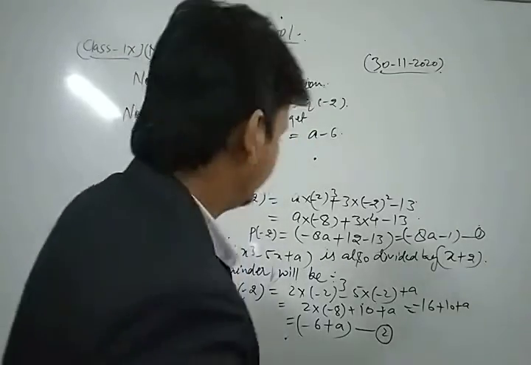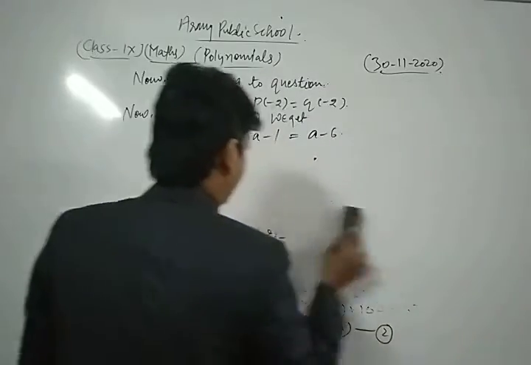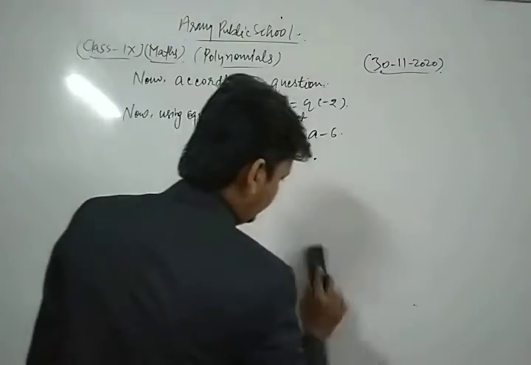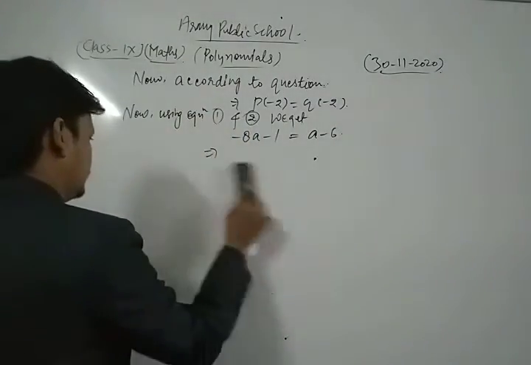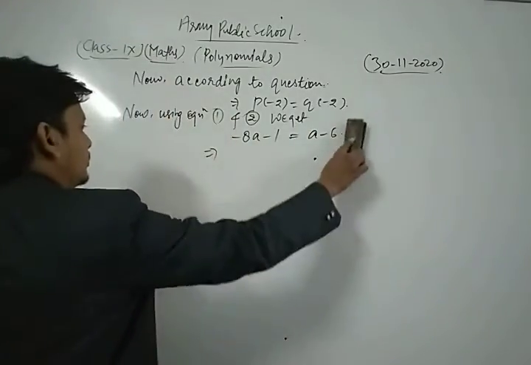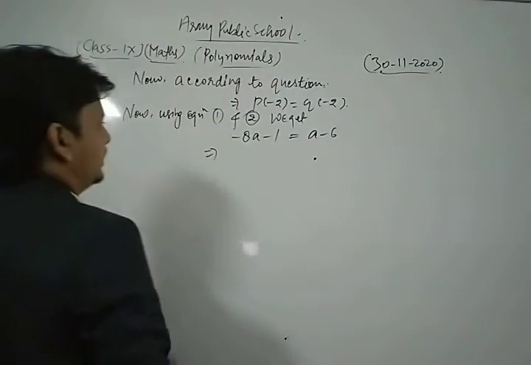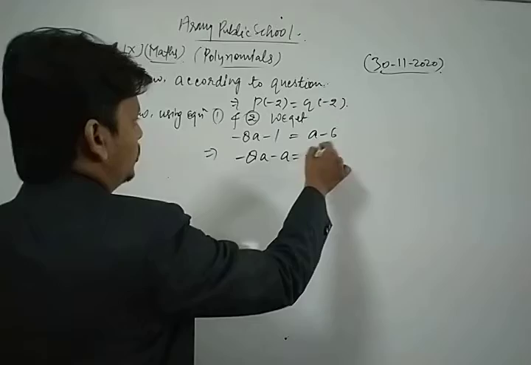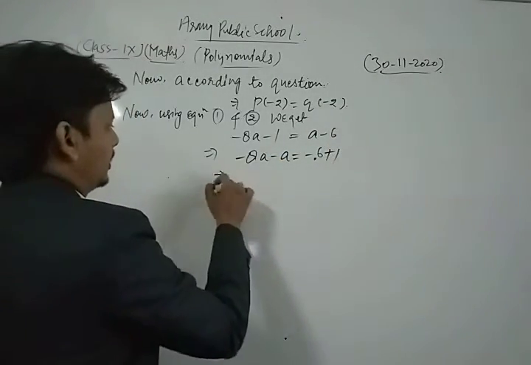Minus 8a, and a transposed, so minus 8a minus a equals minus 6 plus 1, with the minus 1 transposed.